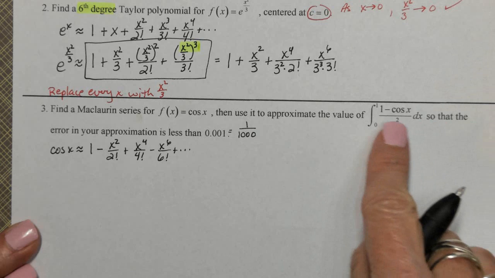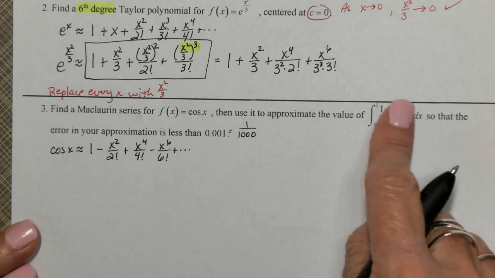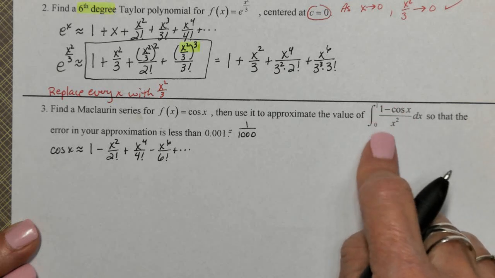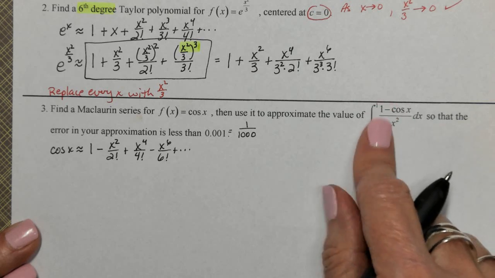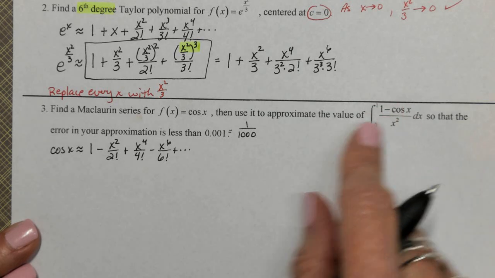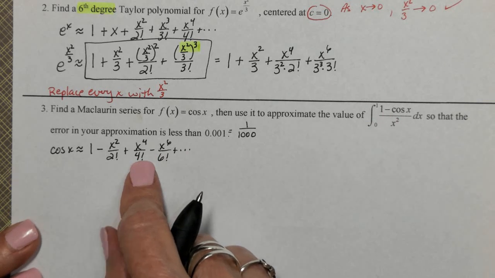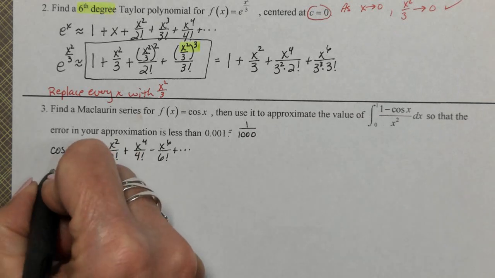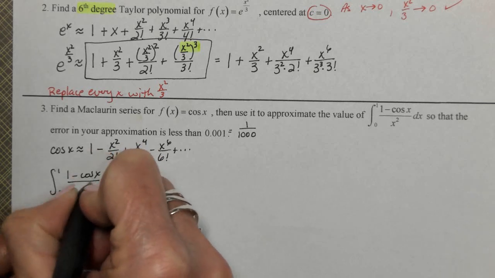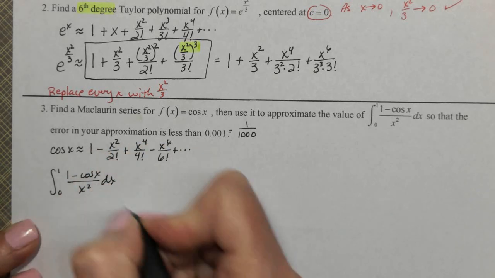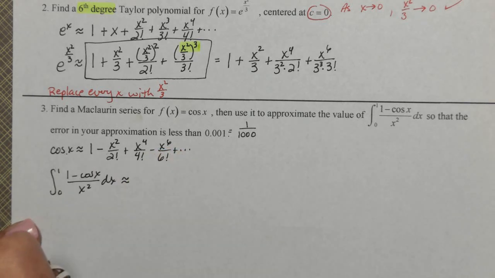Okay? Now I will note that as this is written, I would not know how to integrate that. I really would not. I'm looking at it with just the eyes of integration, and I don't know how to integrate that. But with series, it's going to be pretty easy. Okay? So I'm going to rewrite this integral using our approximation for cosine.